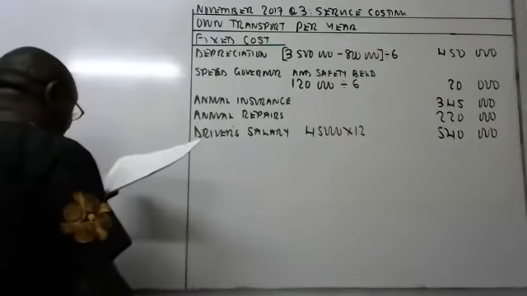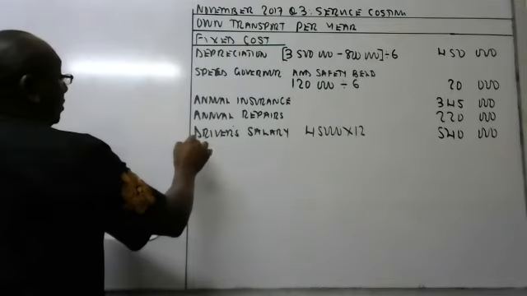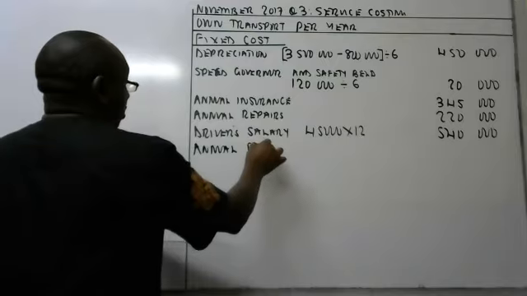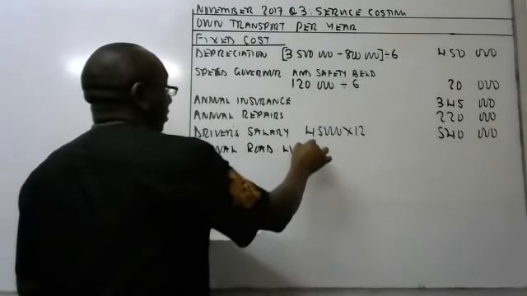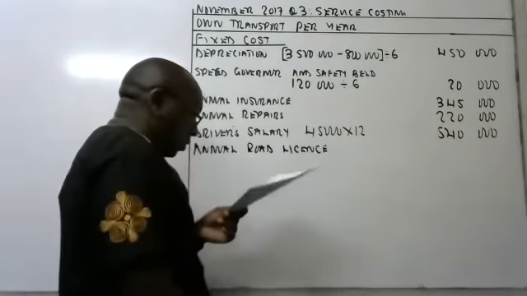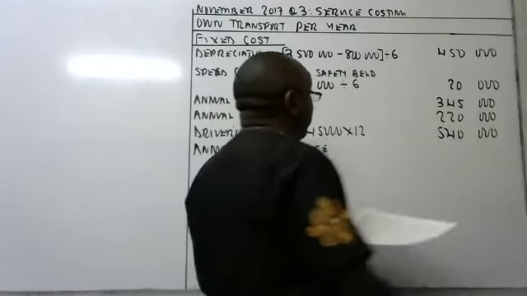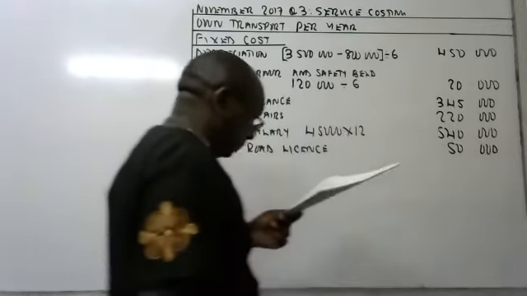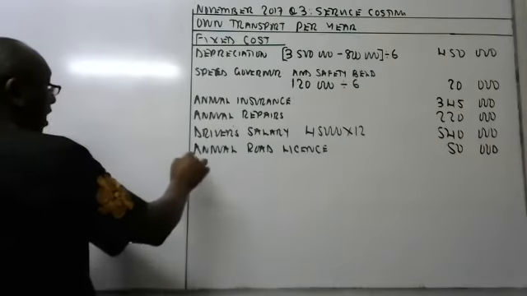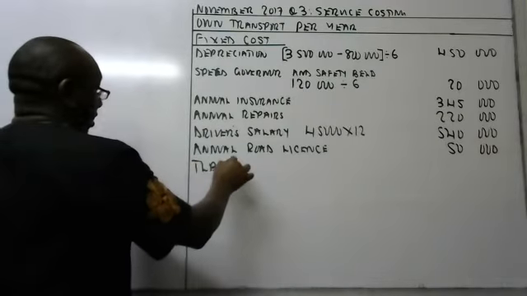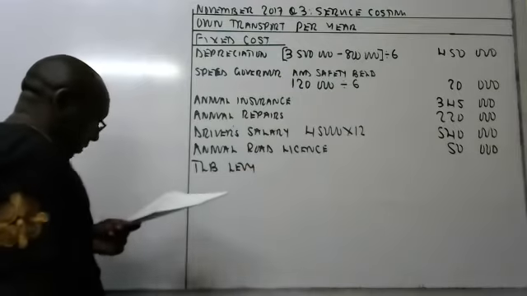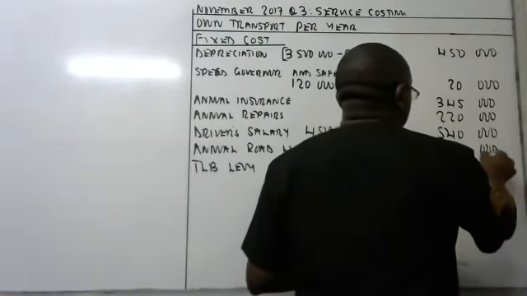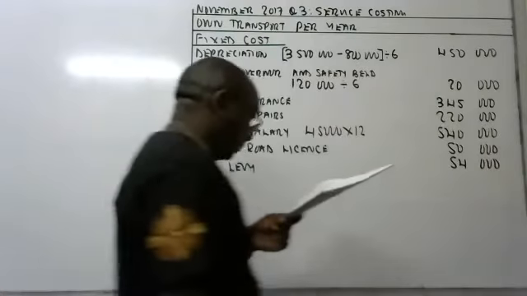The next one after that is annual road license. So annual road license is 50,000. TLB levy per annum is 54,000.